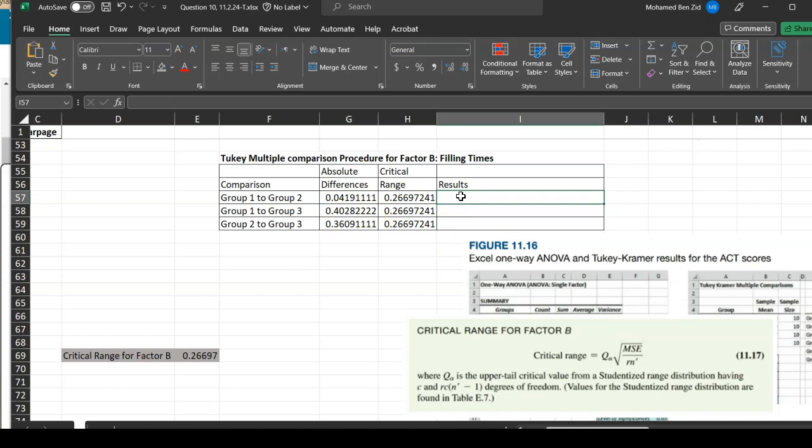So I'm gonna use the IF function here, equal sign IF, open a parenthesis, if the difference is greater than the critical range, you're gonna say here the groups are different.